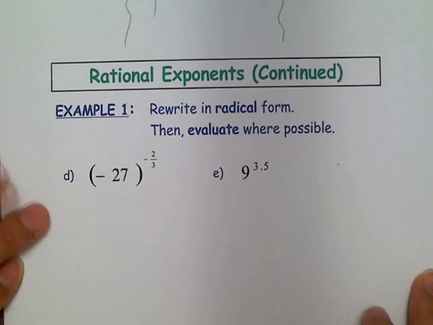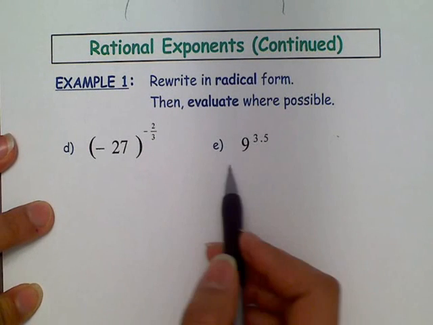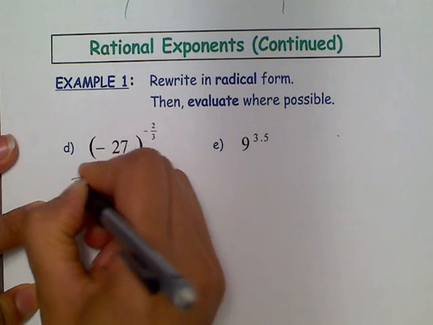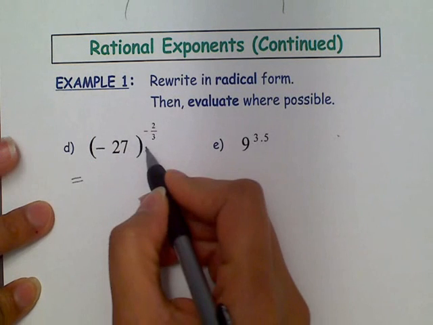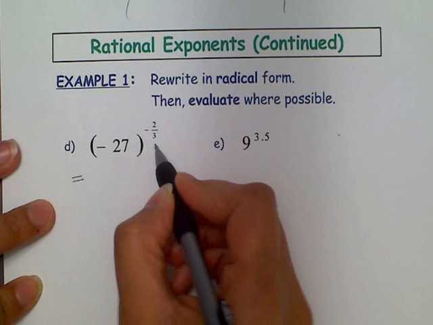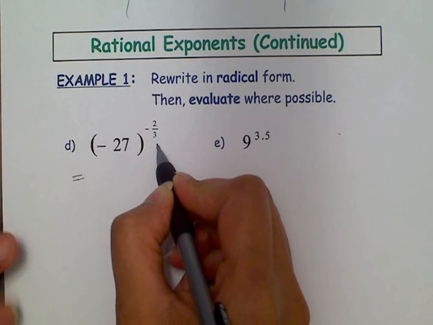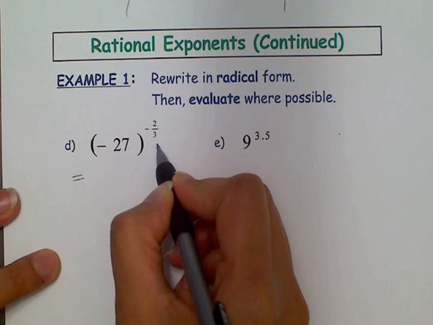Okay, some more examples. So again, we're going to rewrite in radical form and then evaluate where possible. And both of these are values that you can actually evaluate. And so I'm going to do the same thing here. First of all, notice that my exponent has a negative value. And when we are looking at rational exponents, your rational exponent needs to be positive before you can write it in radical form.